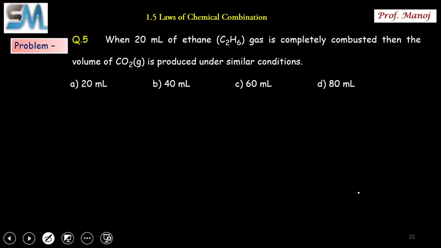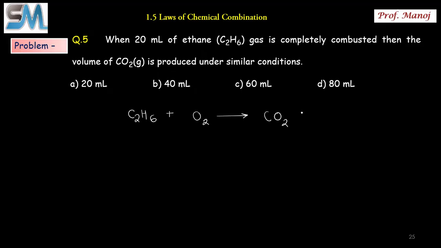Let us take up one more question of this pattern because this question is quite popular in exams. 20 ml ethane is completely combusted to form the volume. So let us once again do the reaction in the same manner. C2H6 burnt with oxygen to form CO2 and H2O.